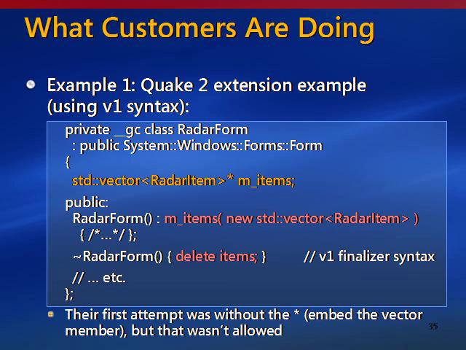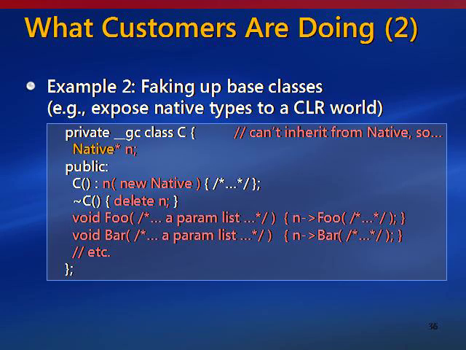And so what we see about this code is that the constructor and the destructor, actually the finalizer for this GC class, and this is written in the managed extension syntax, have to manage that lifetime of the vector. And because it doesn't have any destructor, it's really not great code. It's not reliable. But a lot of this, creating that vector and deleting it, that's stuff the compiler can do.